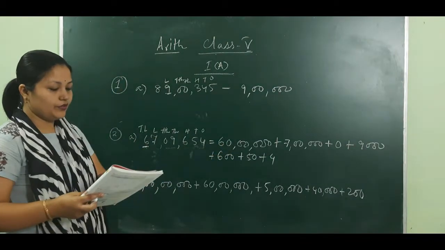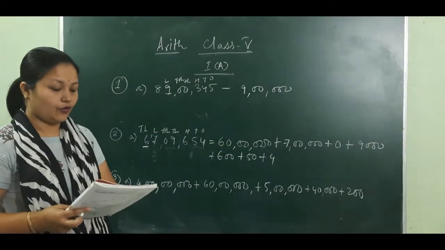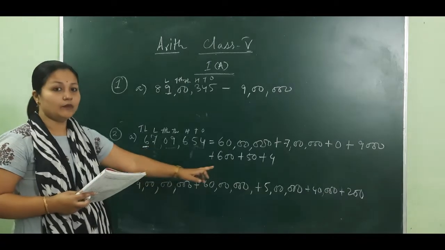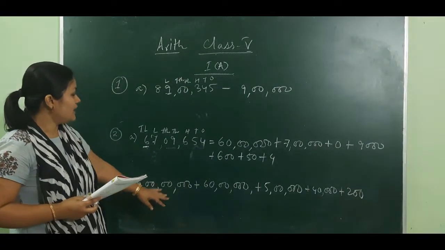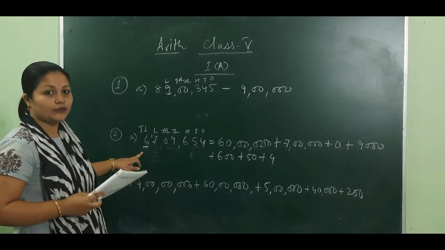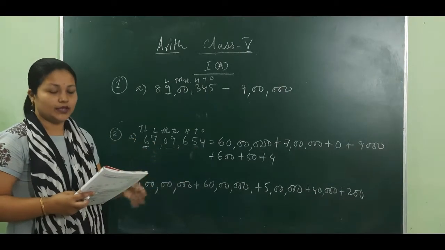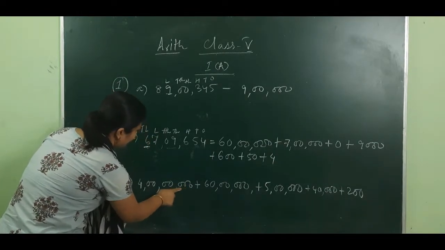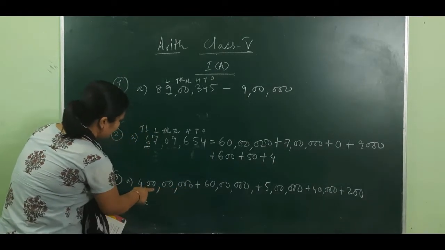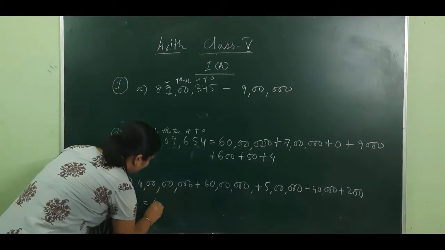And question number 3 is, give the standard numeral form. It is given in expanded form and you have to write it in standard form. So the answer will be like this. You have to write these numbers together. For this you can see here 1, 10, 100, 1000, 10,000, lakh, 10 lakh, crore. So 4 crore.